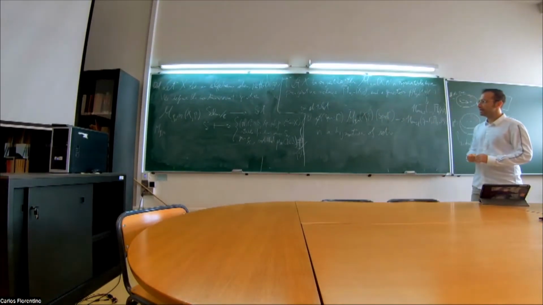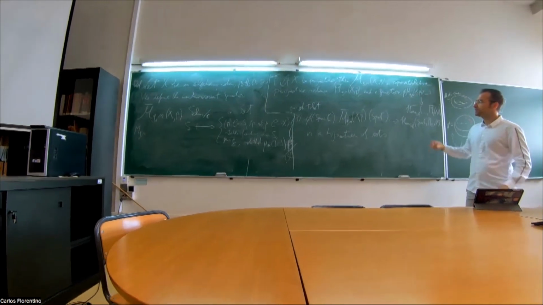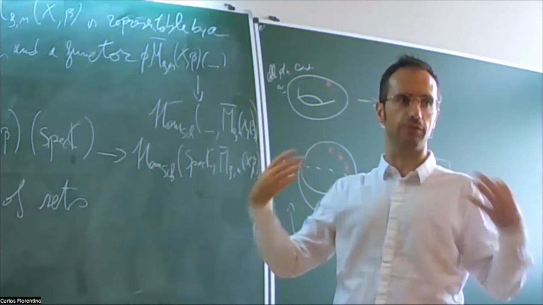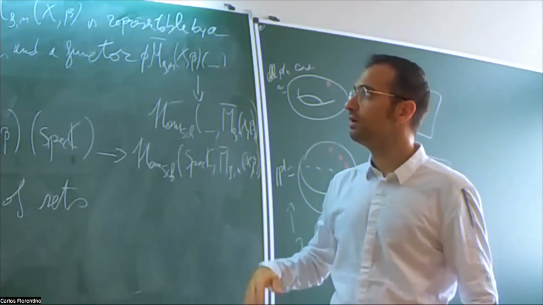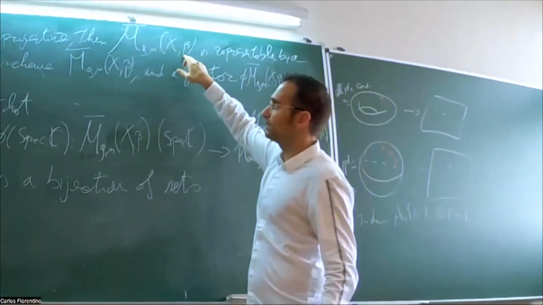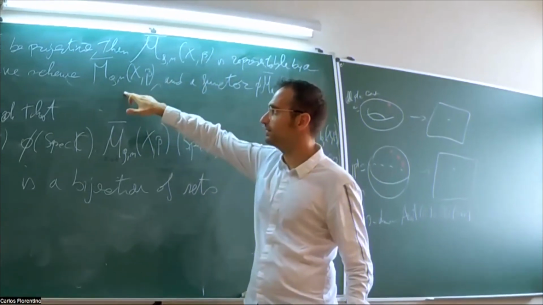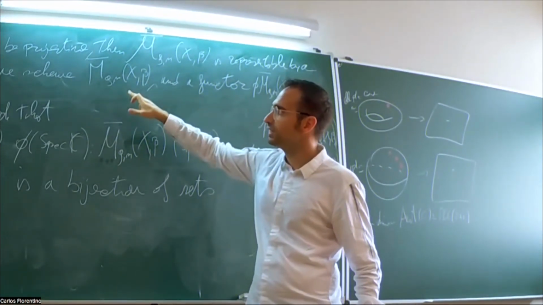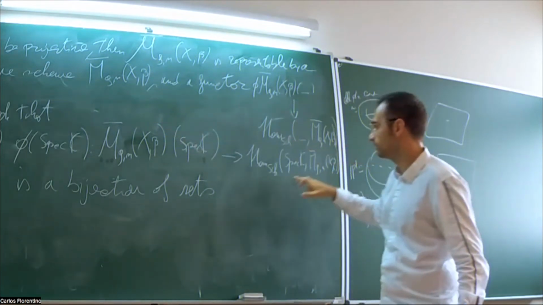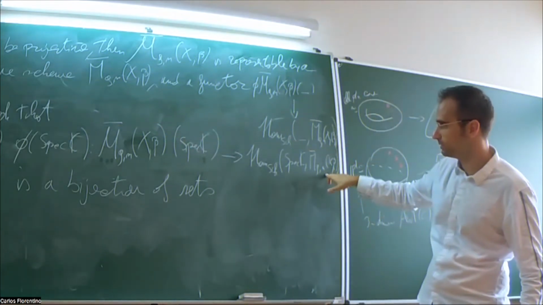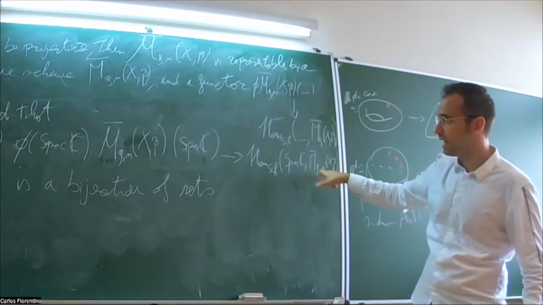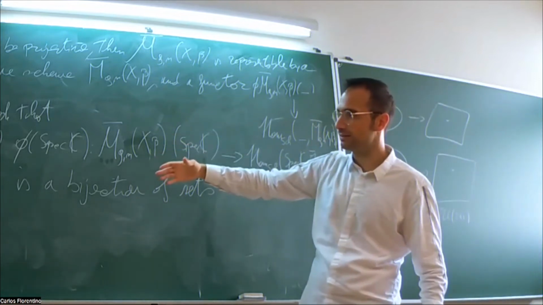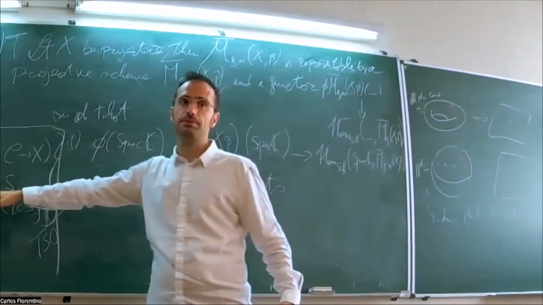So, first property of the definition of a representable functor. The functor is representable if there exists a projective scheme such that the closed points of the projective scheme are in bijection with all the set of stable maps.